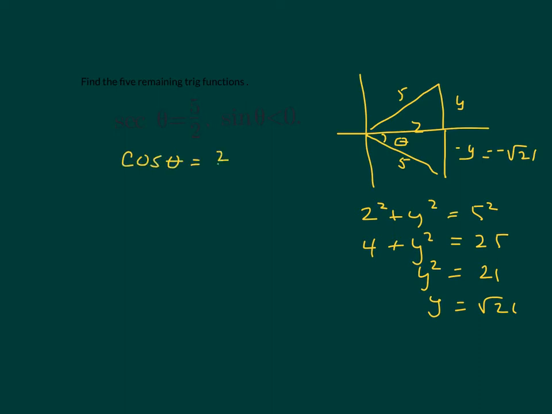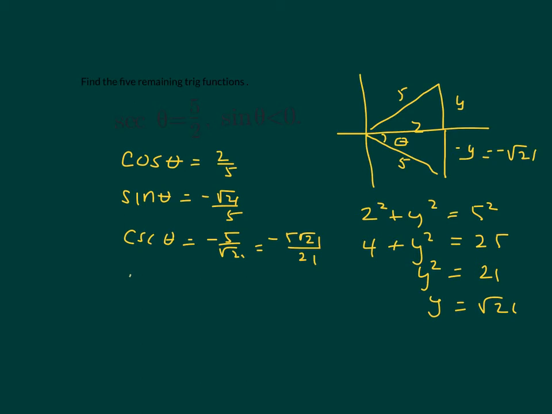Okay, so to get all the other trig functions, secant is 5 halves, cosine is just its reciprocal, so that's easy enough. That's going to be 2 over 5. Sine is going to be the opposite over the hypotenuse, so negative root 21 over 5, and then its reciprocal, cosecant, would be the reciprocal of that. We have to rationalize though to get negative 5 root 21 over 21.